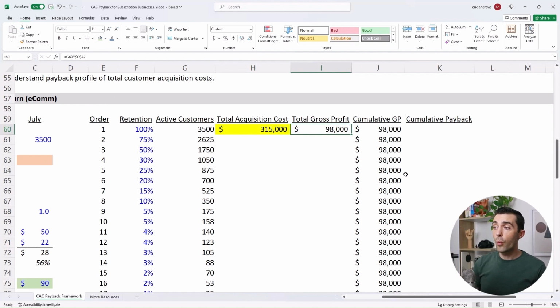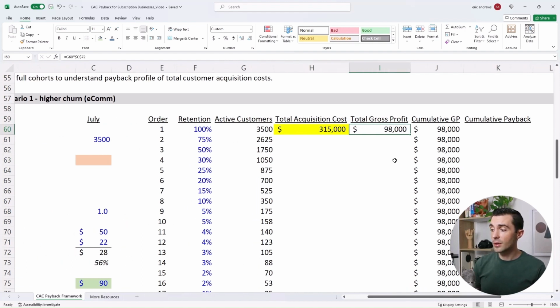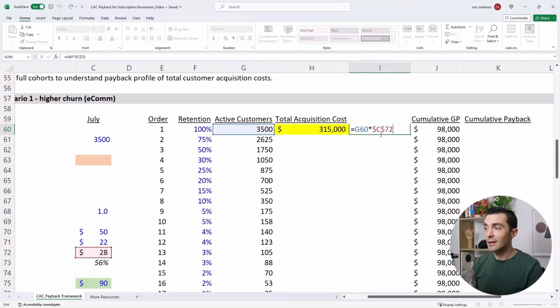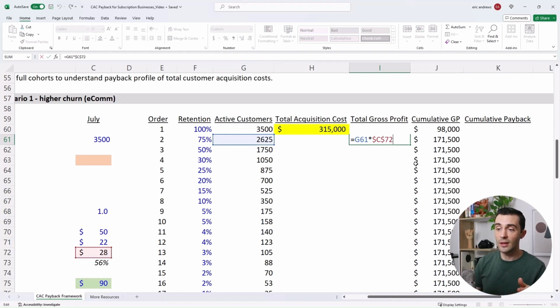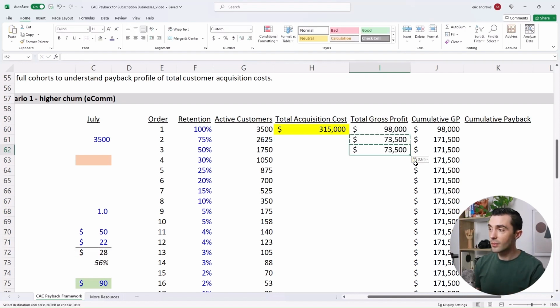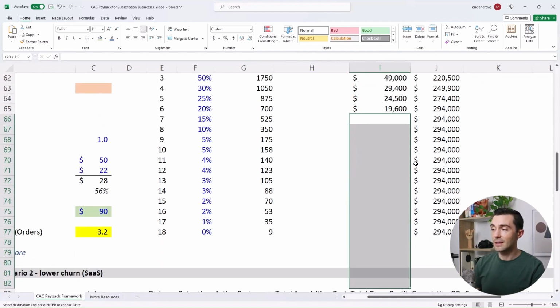In month one, those 3,500 customers generated $98,000 for us in profit, right? $28 times 3,500. But in month two, the profit stream declines because it's only 2,625 customers times $28. And in month three, what you can see here is the gross profit declines each month.